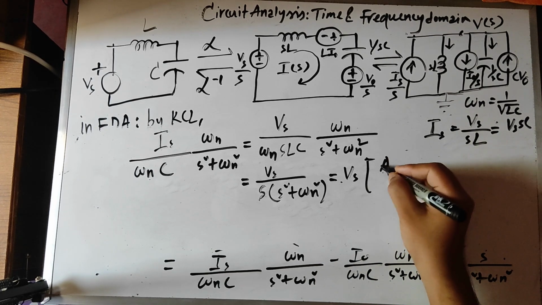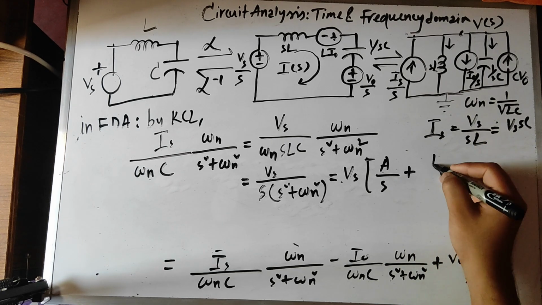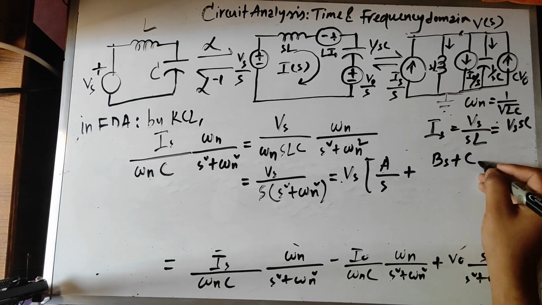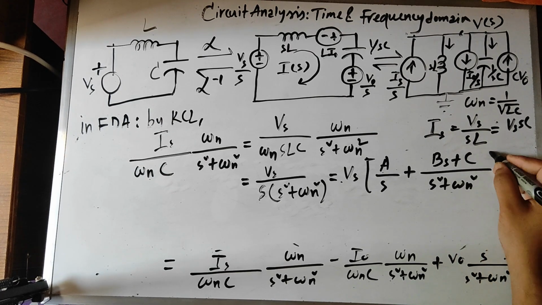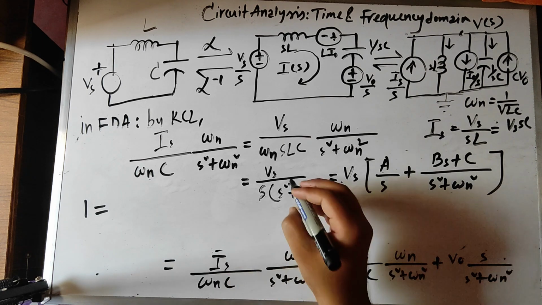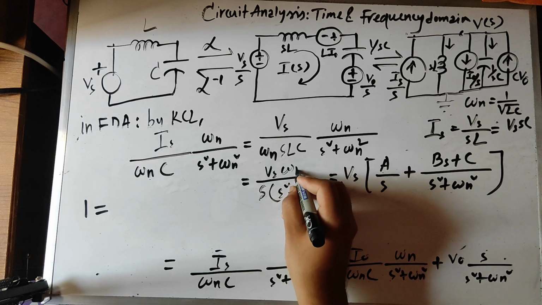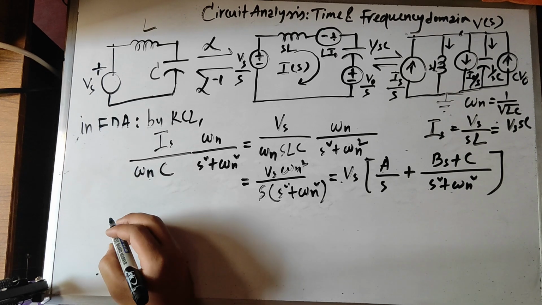So A by s plus (Bs plus C) by s squared plus omega n squared. Now we have to take the partial fraction. So here is omega n squared.